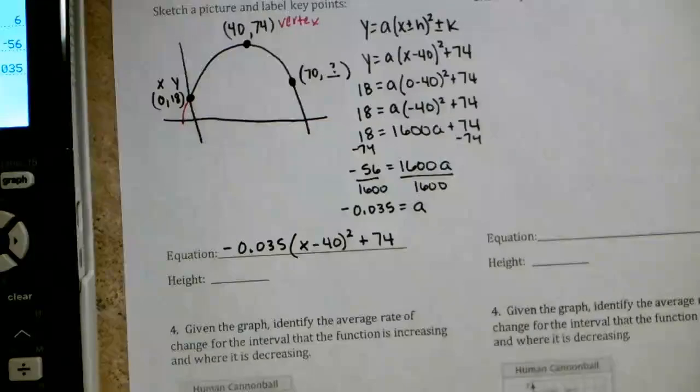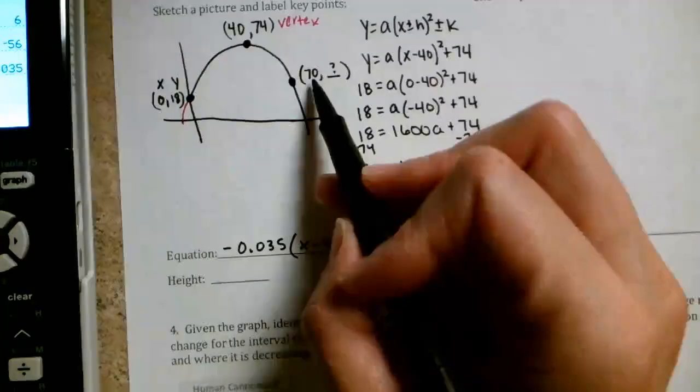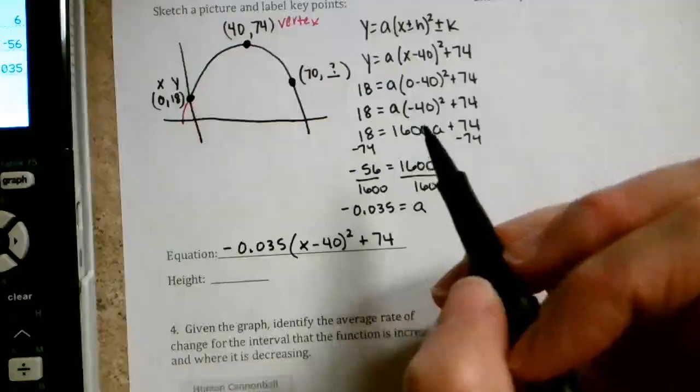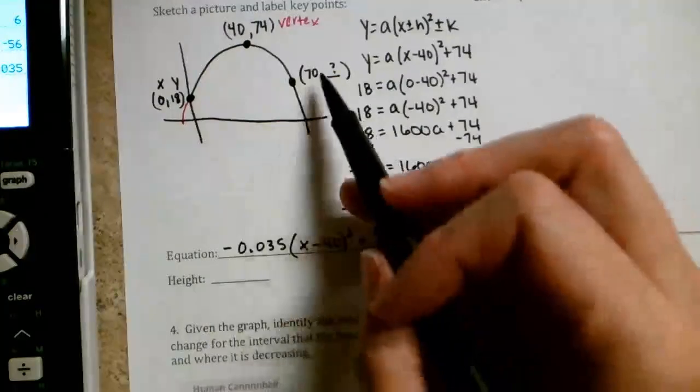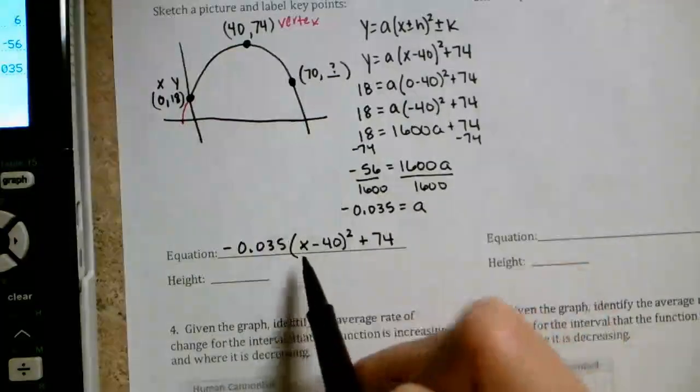Okay. Now we have to do the second part of the problem. It says find the height. We wanted the height when it traveled 70 feet horizontally. We can do this two ways. We can do it algebraically. We can take our equation that we got and plug in the 70.